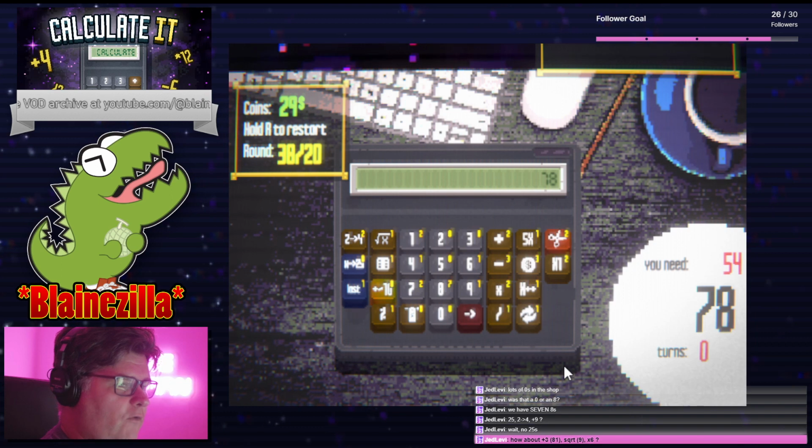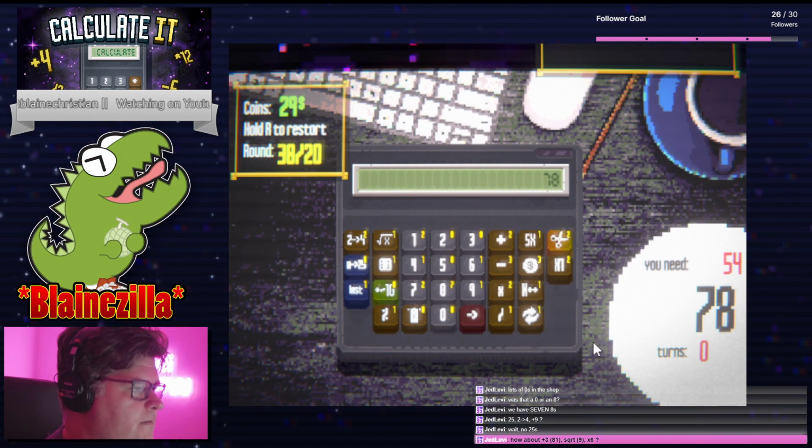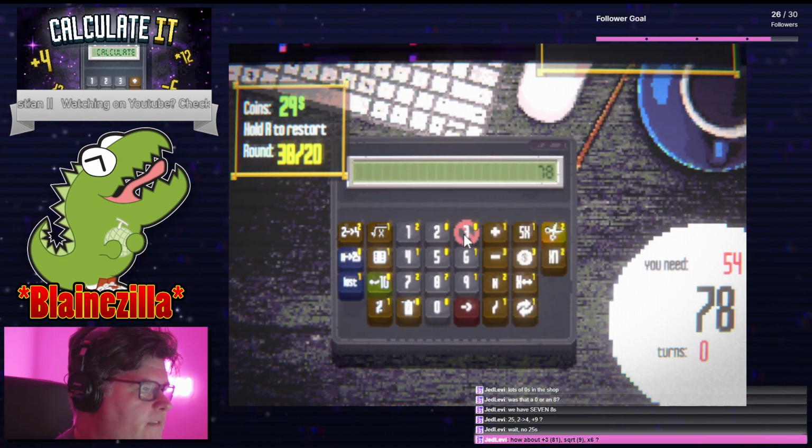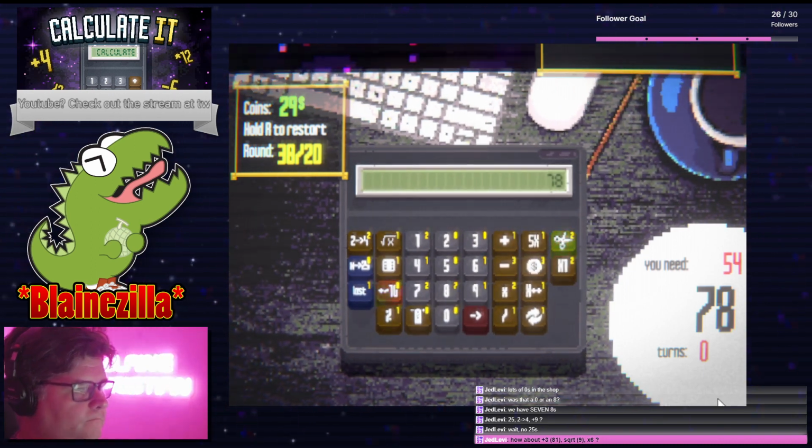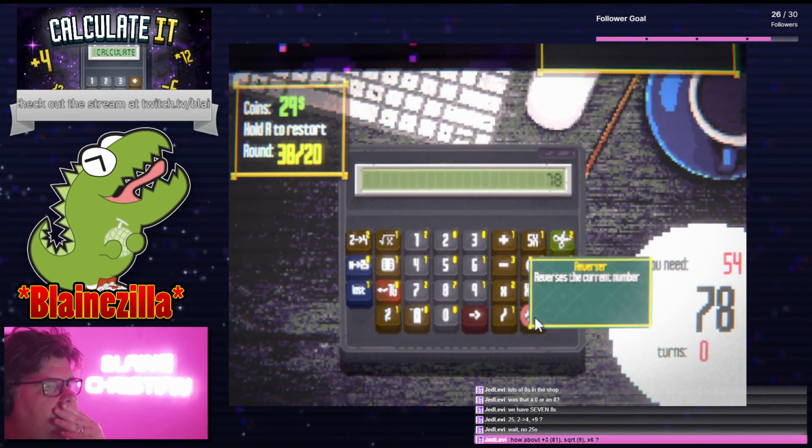How about plus 3, square root 9 times 6? Yeah, that makes sense. Plus. Oh, wait, no. Do we have any threes? We have no threes. And we already pressed plus.